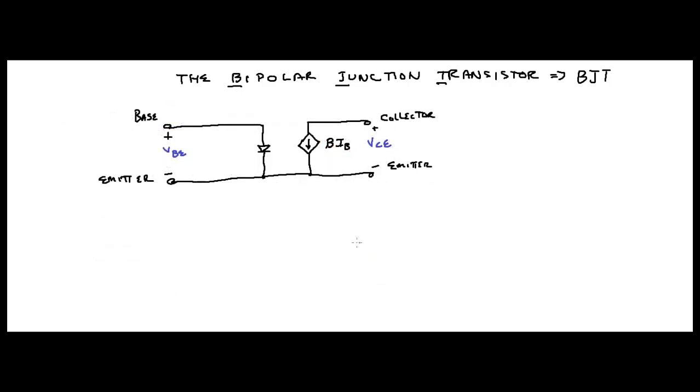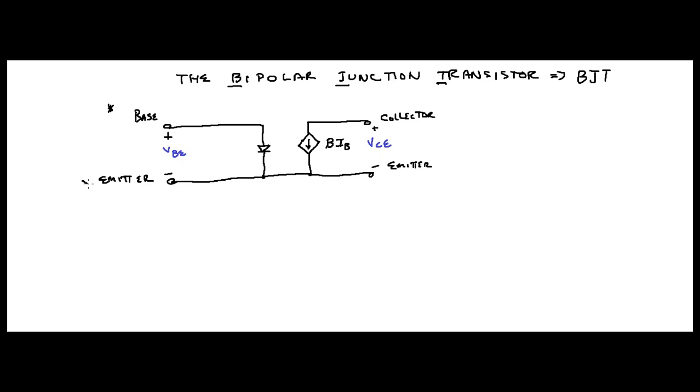Alright everyone, so this is another representation of a bipolar junction transistor that is commonly used. If you notice here, you have your base right here. Here's your base right over here.